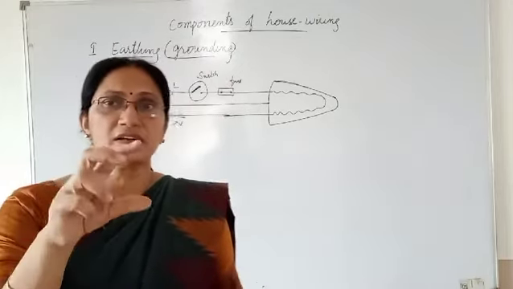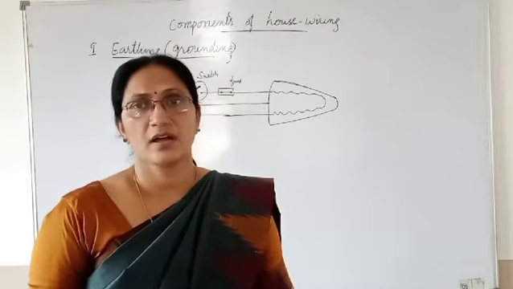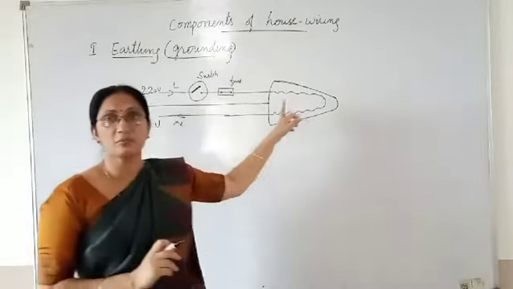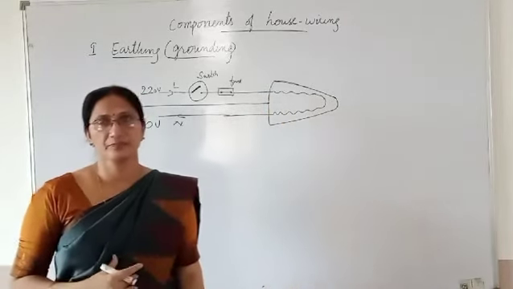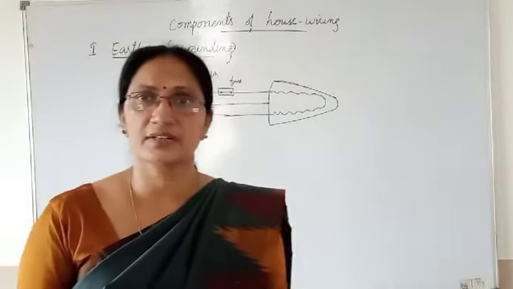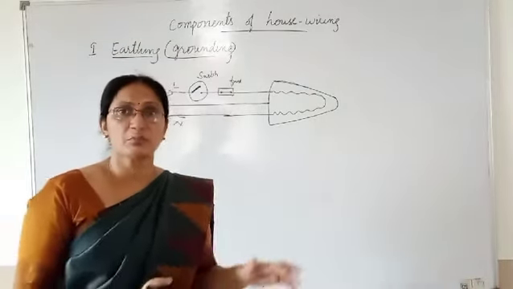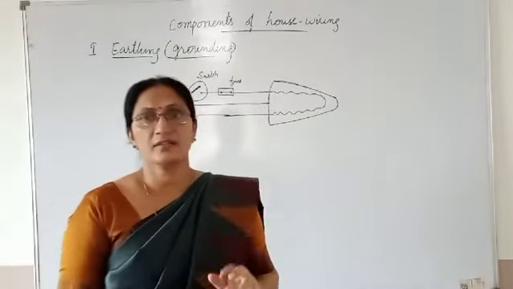And when we insert this plug into the socket, the metallic body of the appliance actually gets connected to the earth. Of course, the live and neutral wires also get connected, and together with that, the metallic body of the appliance gets connected to earth.